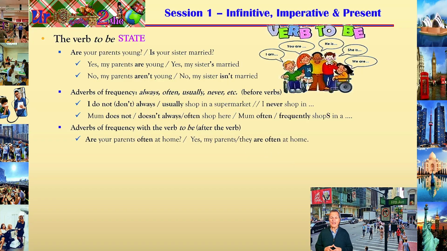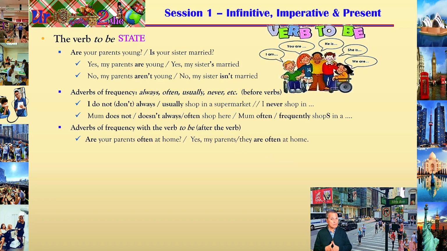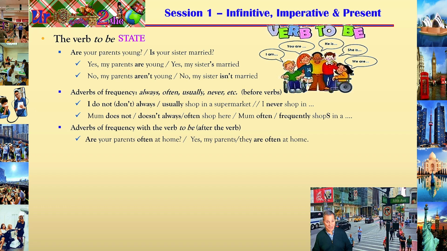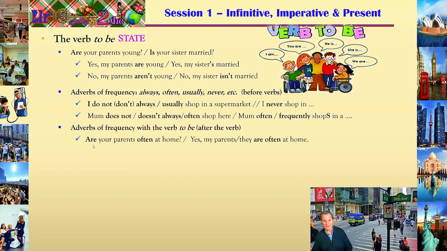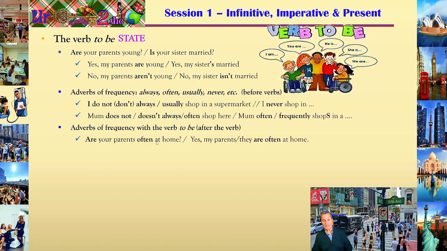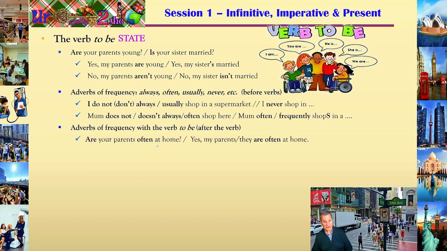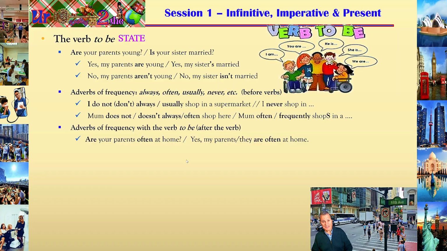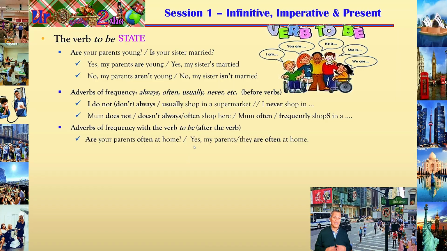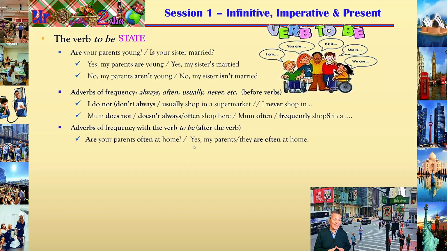Are your parents often at home? In this case, as you can see, we're using often after the verb. First the verb, are your parents, and then the adverb of frequency, right? If it's a positive answer, yes, my parents or they are often at home, right?